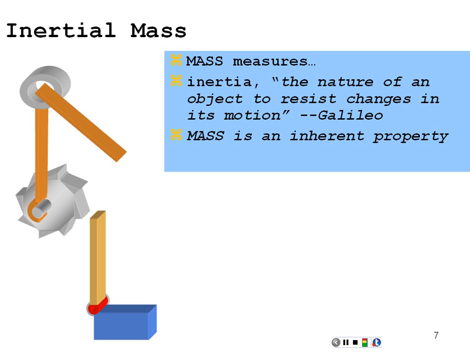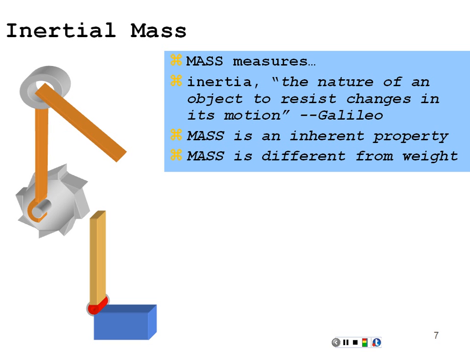So this apple has the same mass whether it's in Earth's gravitational field here, or in the moon's gravitational field, or out in space. Everything has a certain amount of mass, and associated with that is a certain amount of inertia, the resistance of an object to changes in its motion.